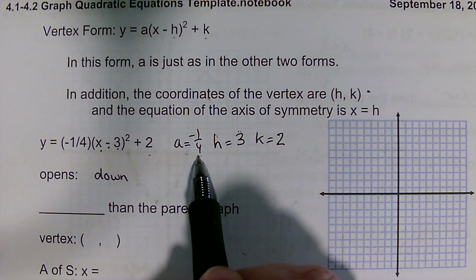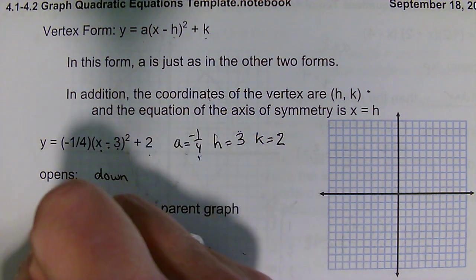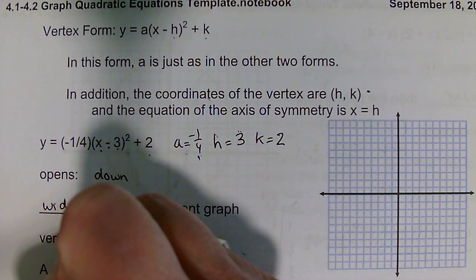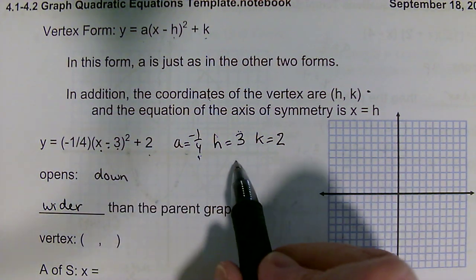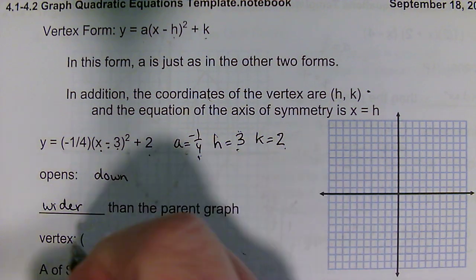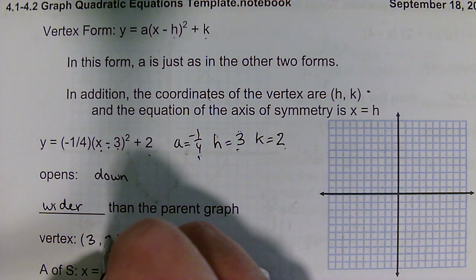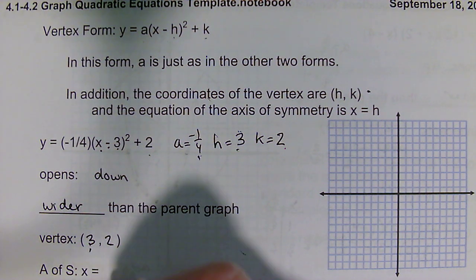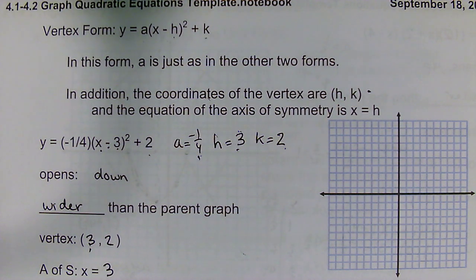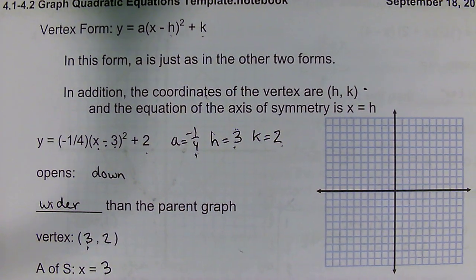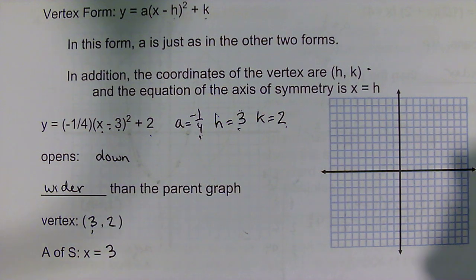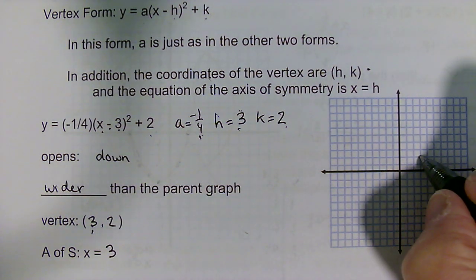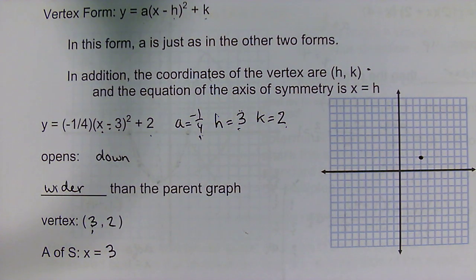Since the absolute value of a is between 0 and 1, it's going to shrink vertically, so it's going to look wider than the parent function. Its vertex is h, k, 3, 2. And remember, the x-coordinate of the vertex was always the same as the axis of symmetry. So that was x equals 3. So right now, I can plot the point 3, 2 as the vertex.